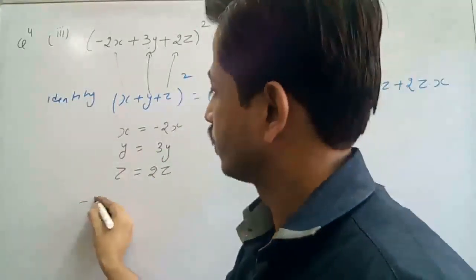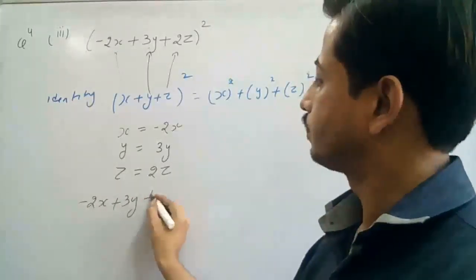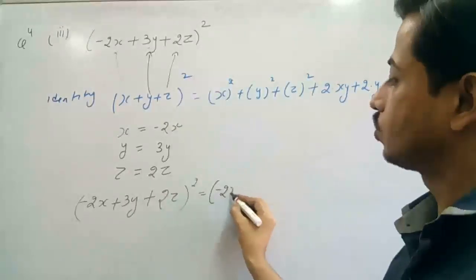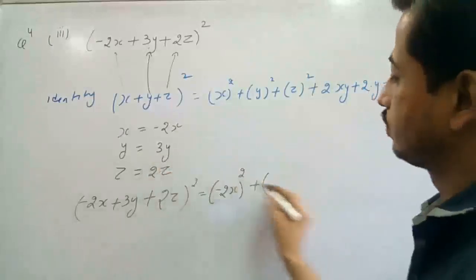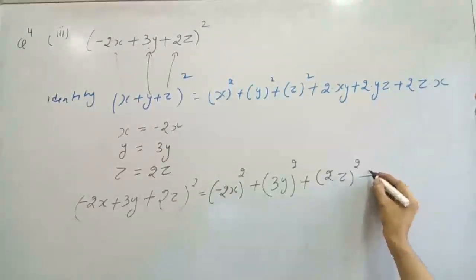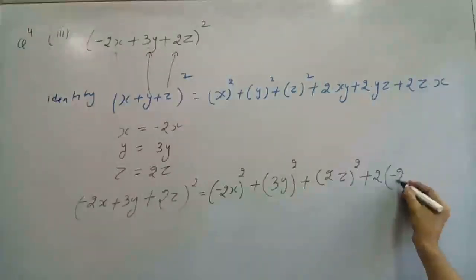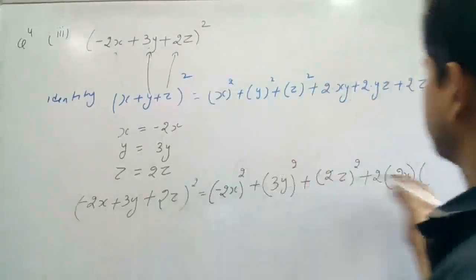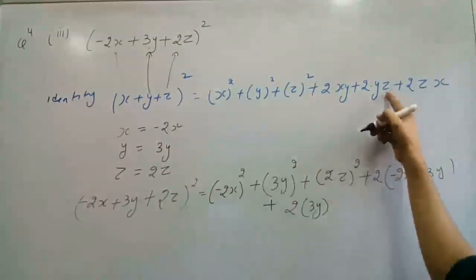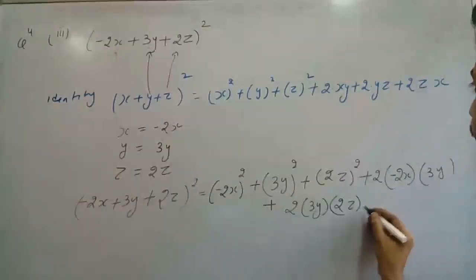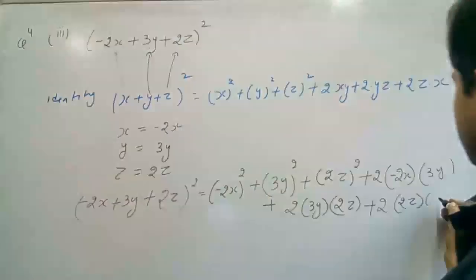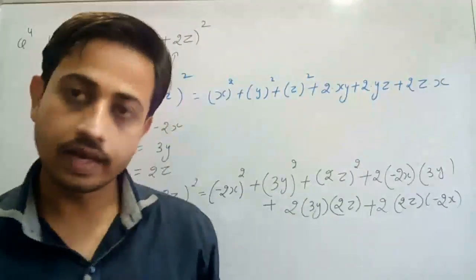Do same step. (-2x + 3y + 2z) whole square is equal to x square, x is minus 2x whole square, plus y is 3y, plus z is 2z whole square, plus 2 into x is minus 2x, y is 3y, plus 2 into y is 3y, and z is 2z, plus 2 into z, z is 2z and x is minus 2x.